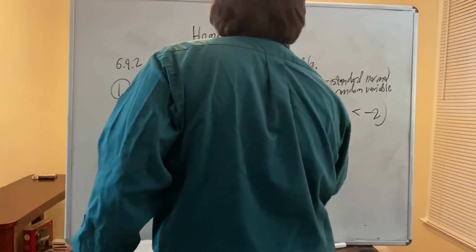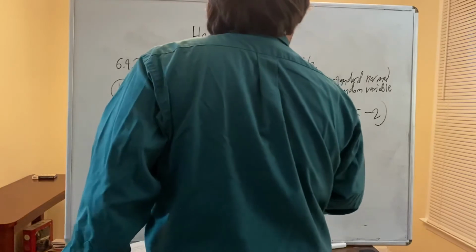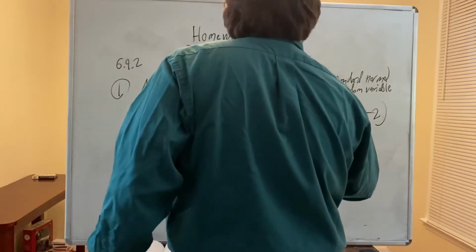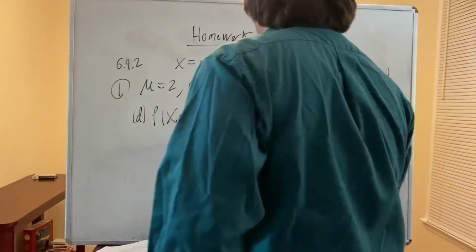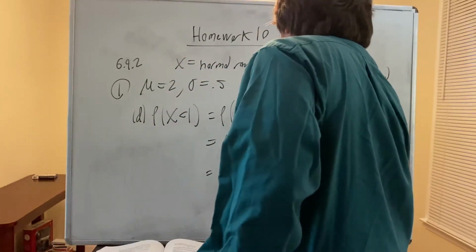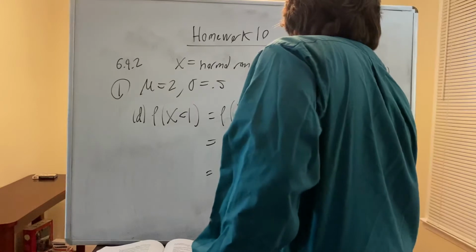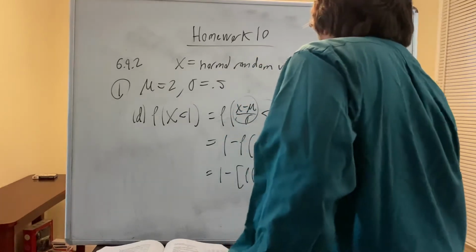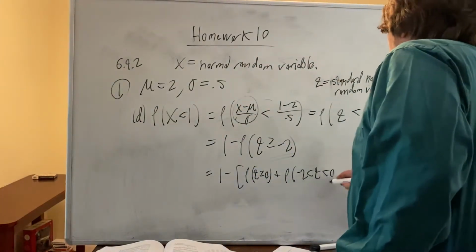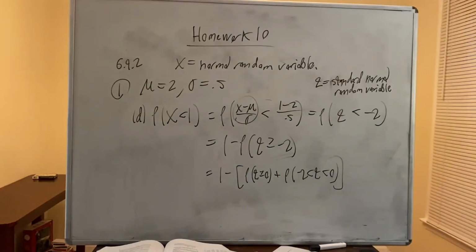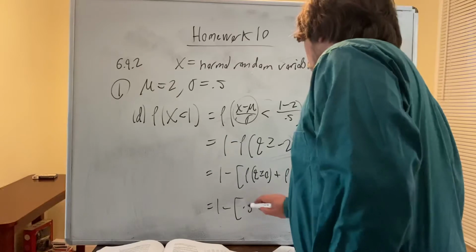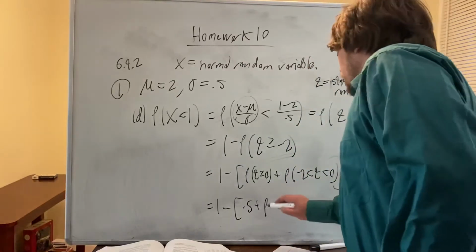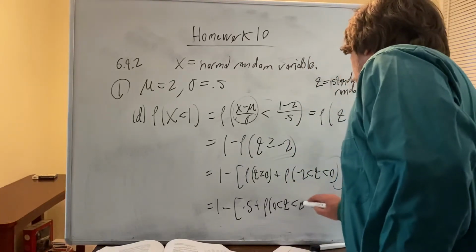That's equal to 1 minus the probability that Z is greater than or equal to negative 2. And so that's equal to 1 minus the probability that Z is greater than or equal to 0, plus the probability of negative 2 less than Z less than 0. So this is 1 minus the probability Z is less than or equal to 0, which is 0.5, plus the probability that 0 is less than Z less than 2 by symmetry.